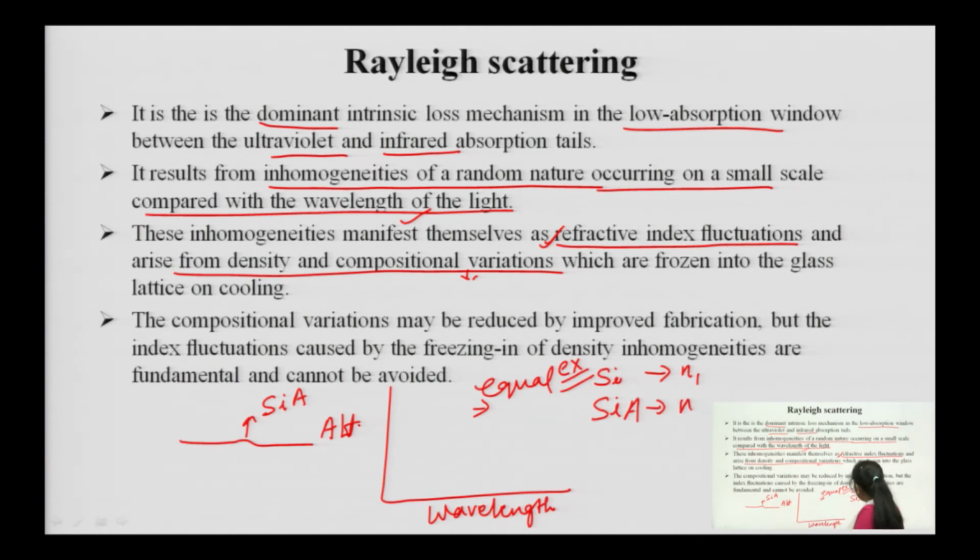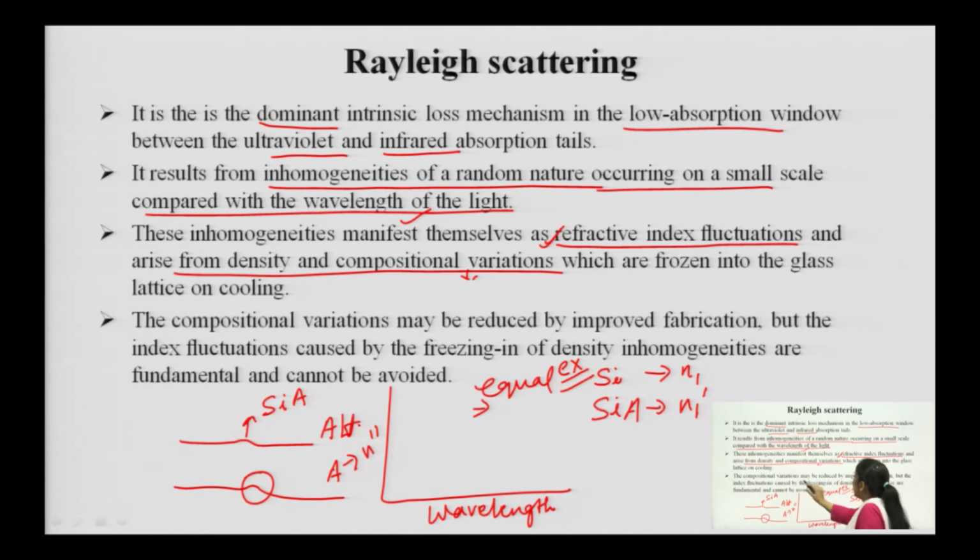It will definitely change to N1 dash. And also, when there is a higher density, then in that case also the refractive index will change. So, this inhomogeneity arises due to variation in the density or the compositional variations within the fiber, which leads to the refractive index fluctuation.